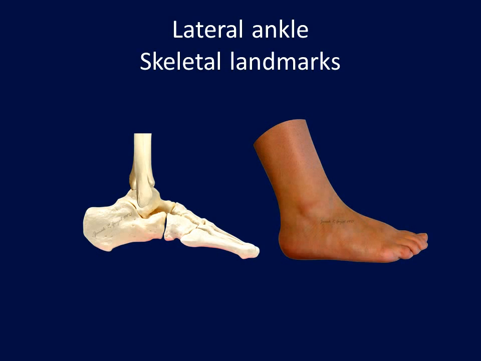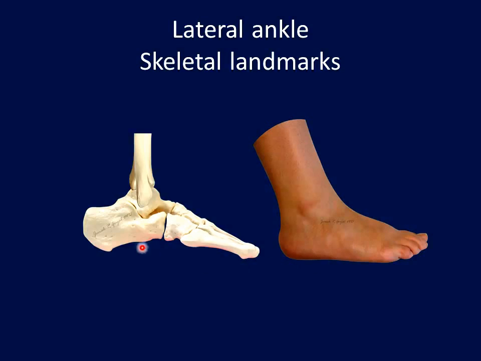Let's look at the lateral aspect of the foot. The lateral aspect of the lateral malleolus is subcutaneous and is palpable. The fifth metatarsal bone has a tuberosity or styloid process on the lateral side of its base. The tuberosity can be seen and felt midway along the lateral border of the foot.